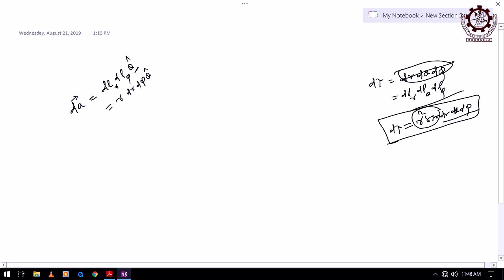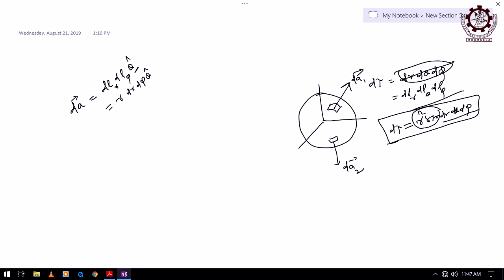So, the area vector: if I take a sphere, let us say it is like this, right. Then if I take an elementary area here and another here, let us say this is dA1 in this direction, and this is dA2 in this direction, these are vectors, right.